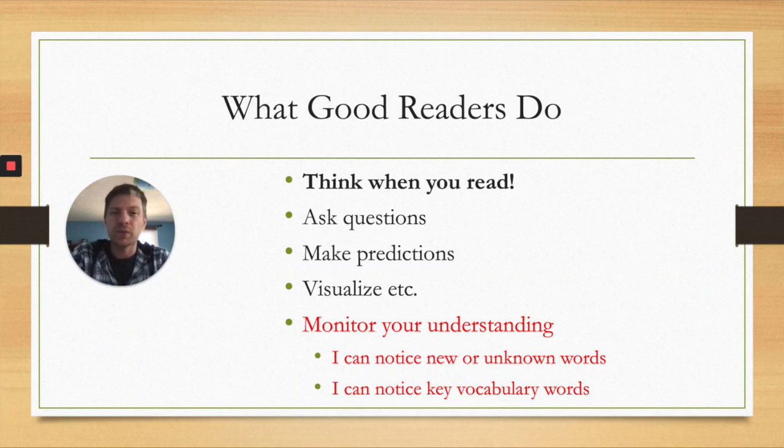It might be a word you do know, but maybe you only kind of know it, or you realize as you're reading this text that this word seems really important and is one I'm going to want to understand. So it's two targets: I can notice new or unknown words, and I can notice key vocabulary words. All right, let's move to the next slide.